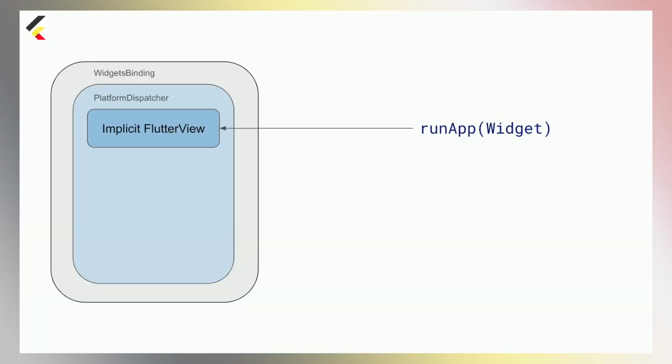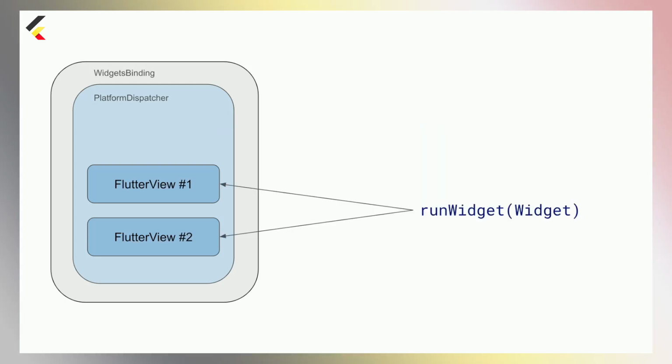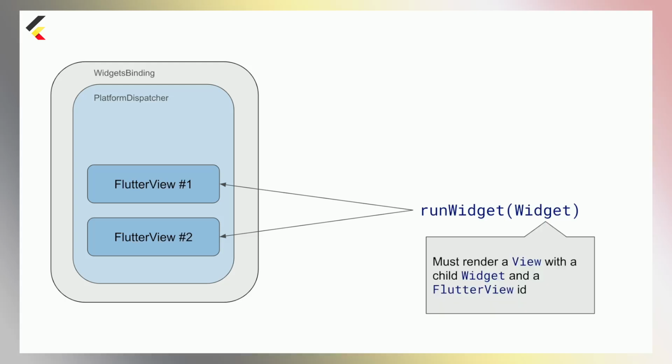And runApp will typically take a widget and put it in there. But since we're working with a multi-view application, there isn't going to be any implicit Flutter view, so it's not going to find any view to render it on. Therefore, we have to use runWidget. RunWidget allows us to actually bind specific widgets to specific Flutter views.